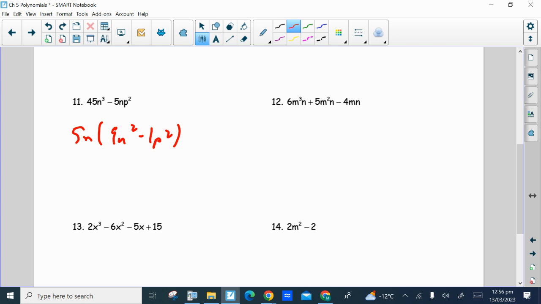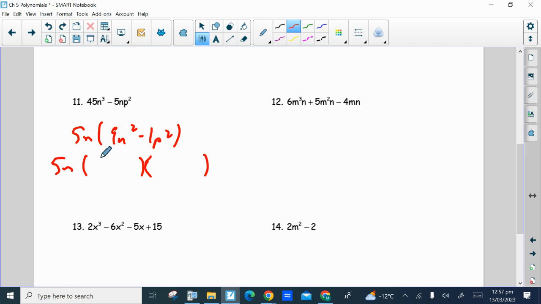Common factor of 5n. And that binomial inside the bracket is a difference of squares because it's a binomial, minus sign in between, and both terms are perfect squares. So remember, when you factor a difference of squares, you end up with conjugates. They are the binomials with the same two terms, just with different signs in between.